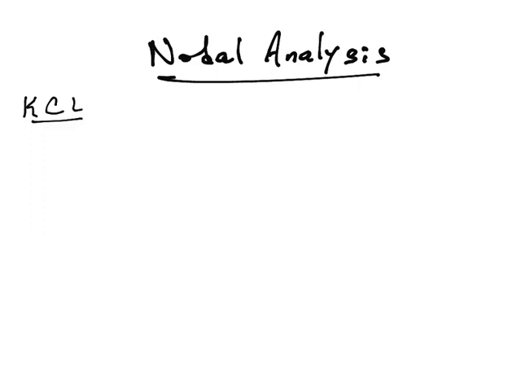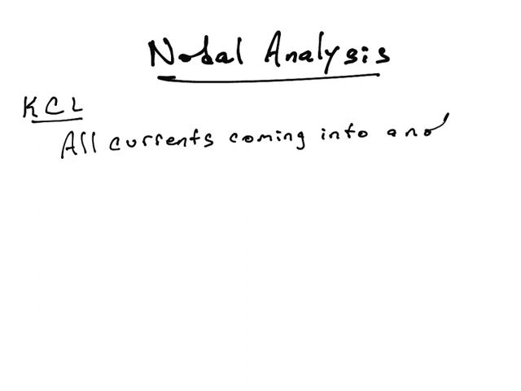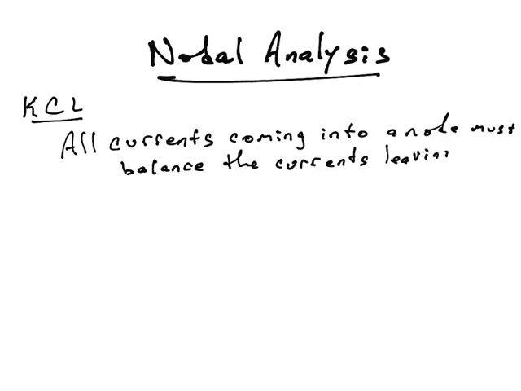And what it basically says is, all currents coming into a node must balance the currents leaving a node. Okay, just a simple way of thinking about the law, and it makes sense.